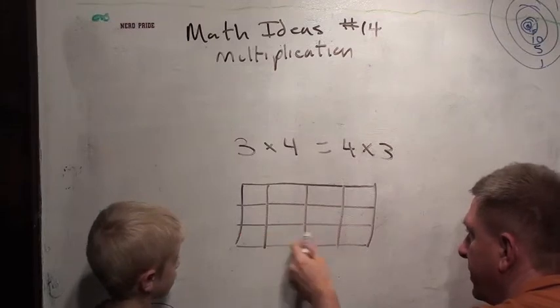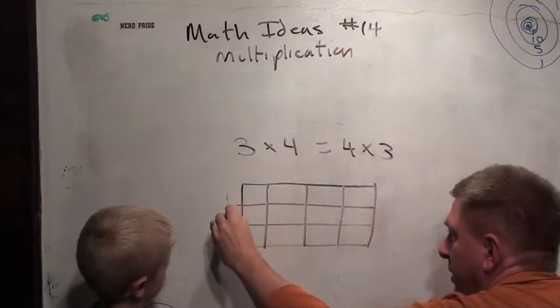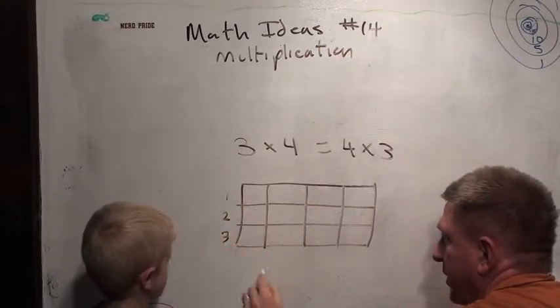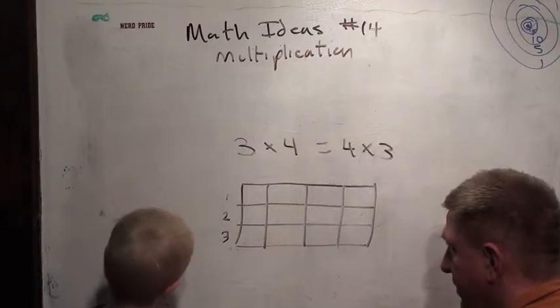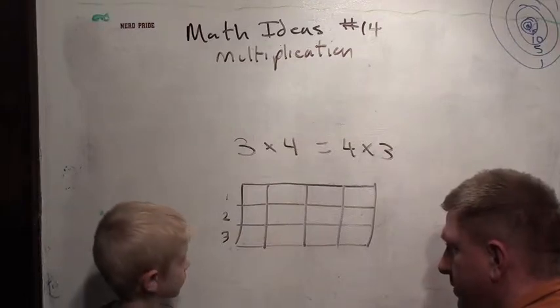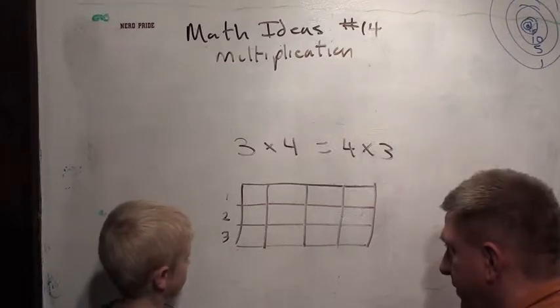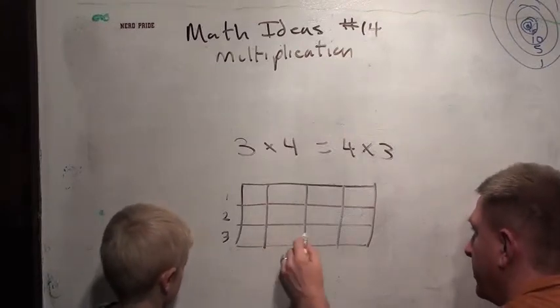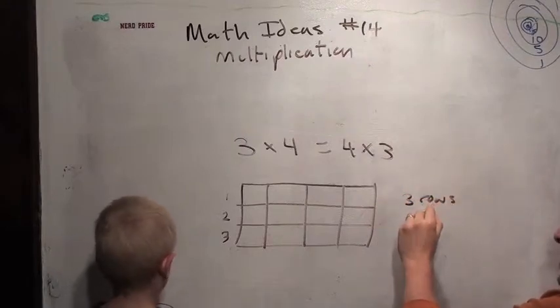There's 3 rows. So this is row 1, row 2, row 3. And how many boxes does each row have? 4. 4, right. So 3 rows, 4 boxes each.